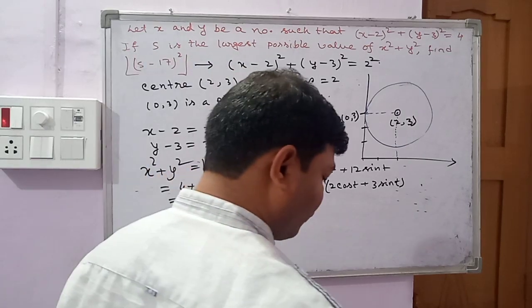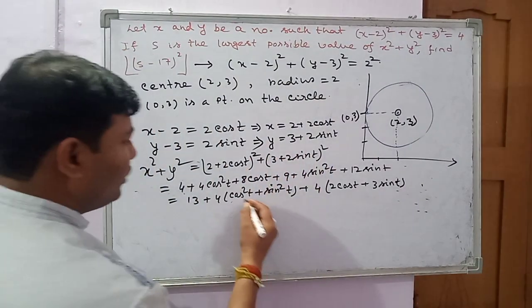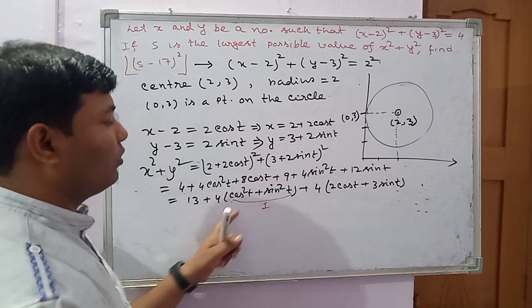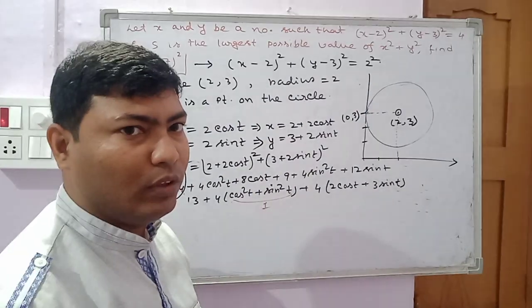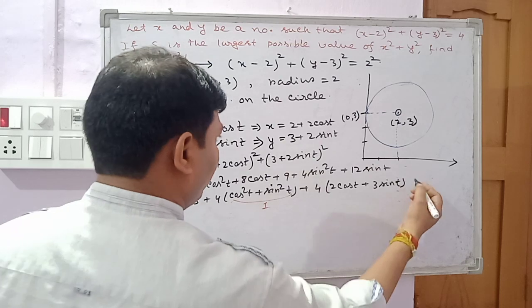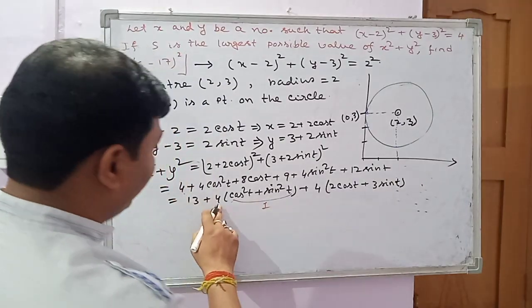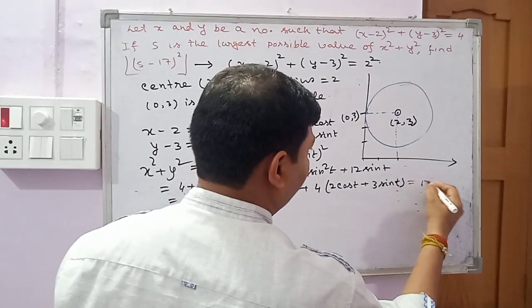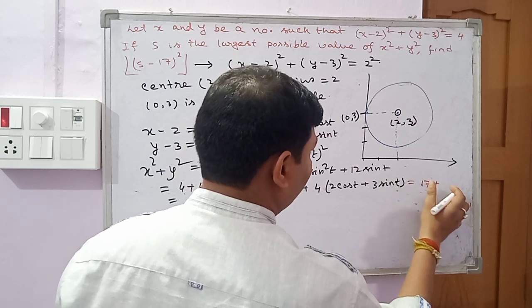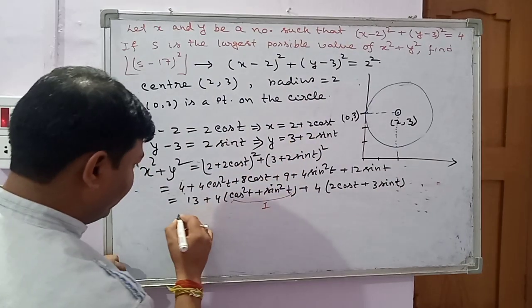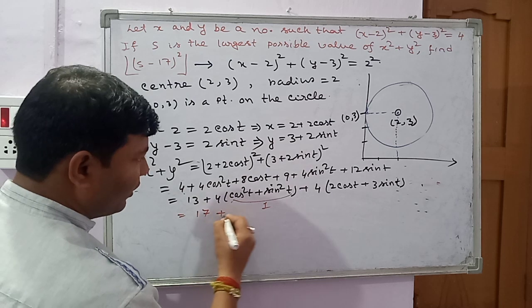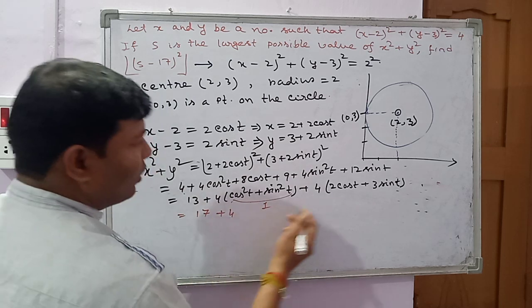Now sin square t plus cos square t equals 1. So this value is 13 plus 4, that is 17, plus 4 times (2 cos t plus 3 sin t).